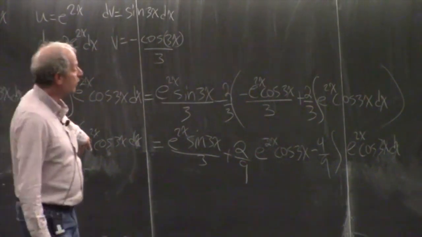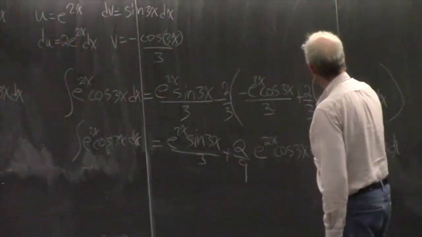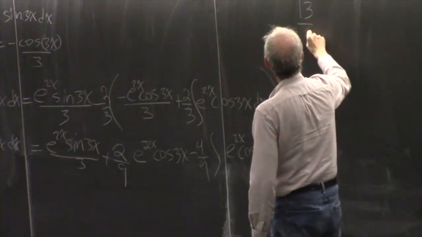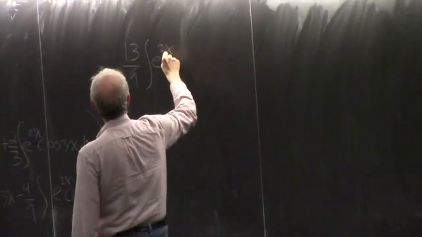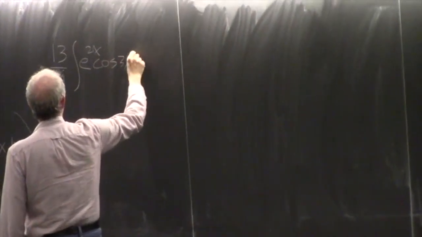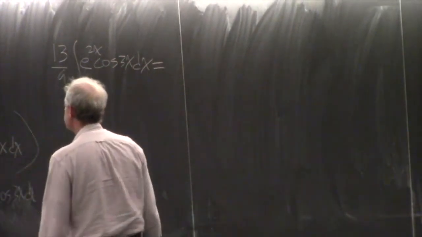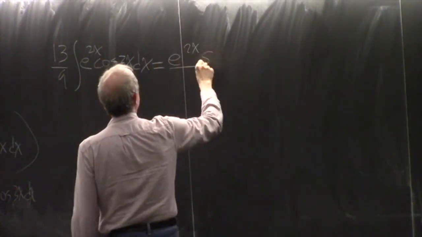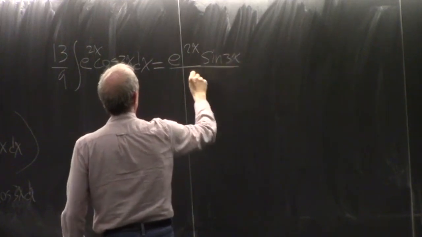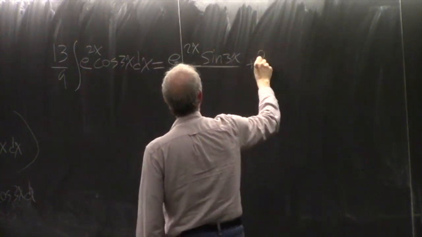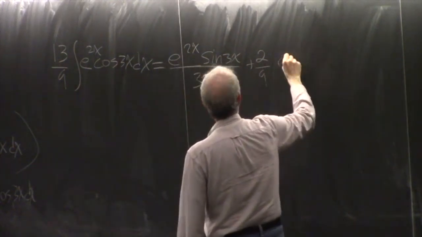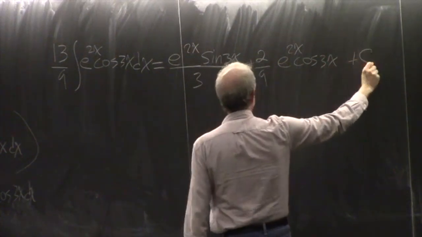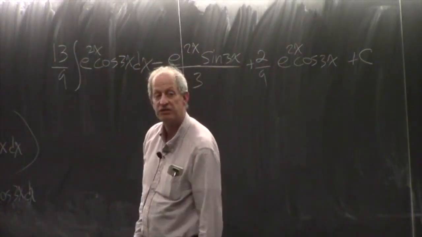Alright, so now you notice I have 1 e to the 2x cosine 3x over there, and I have 4/9 of 1 here. So if I add it to the other side, I will get 13/9 the integral of e to the 2x cosine 3x dx equals e to the 2x sine 3x over 3 plus 2/9 e to the 2x cosine 3x plus a constant, and then you can just multiply everything by 9/13.